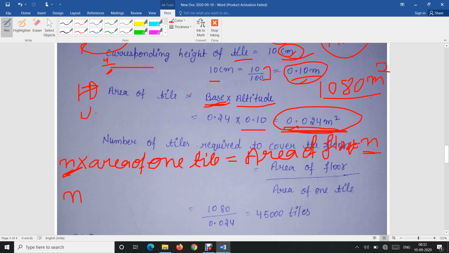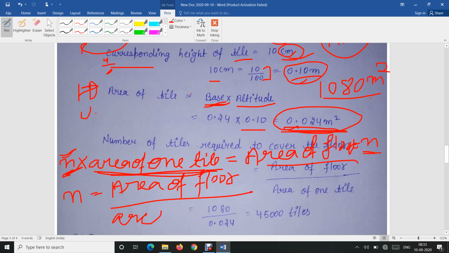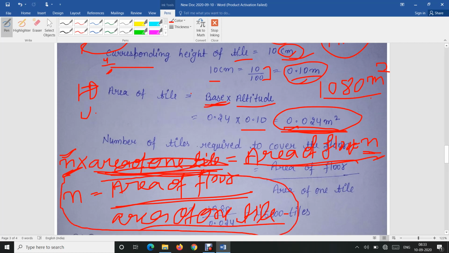The area of one tile is the multiplication factor of n, so going to the right hand side, it will divide the area of the floor. So n is equal to the area of floor divided by the area of one tile.